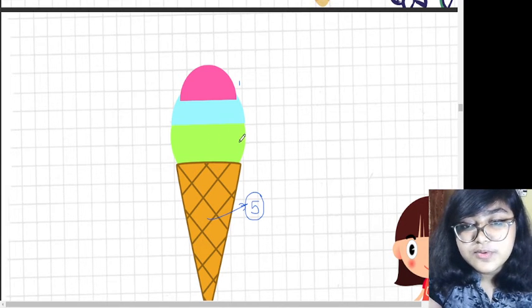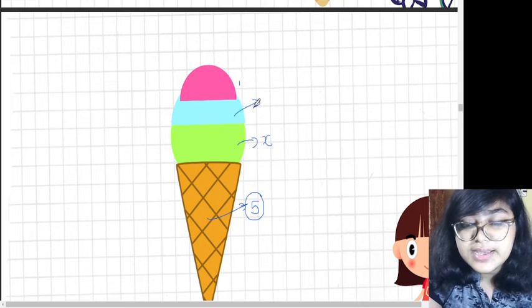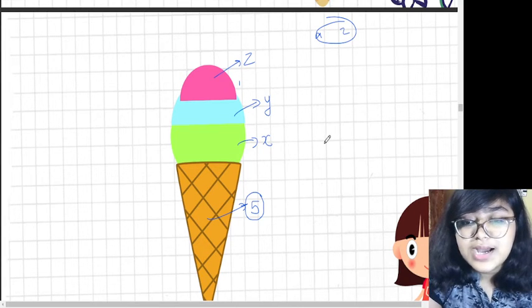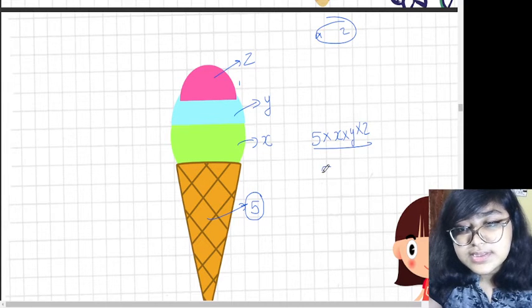And suppose for this flavor, I don't know exactly what it is, so I'm giving it the name x. It can take any value, so we can represent it with any English alphabet from A to Z. Let's say this is x, this is y, and this is z. Now if you multiply all 4, x, y, z, this is 5xyz.